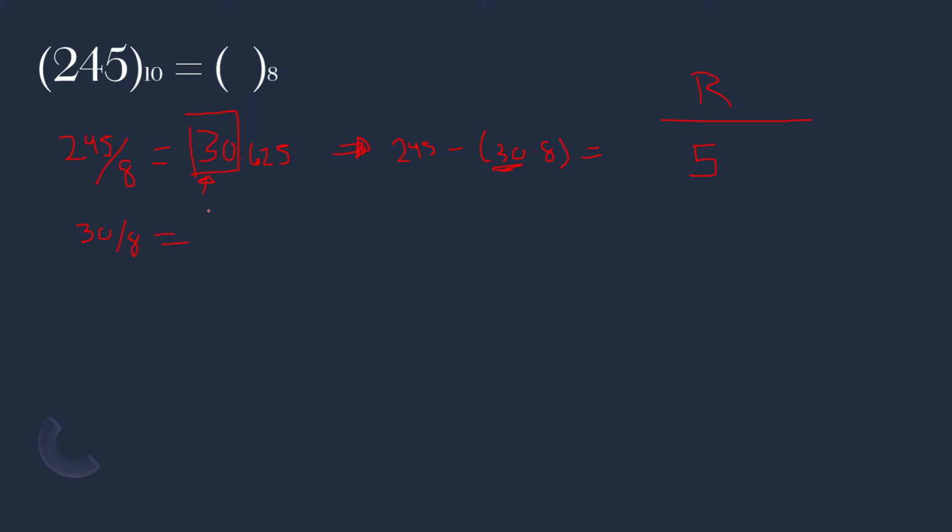I'm so sorry, I said 4, it's 3. 30 divided by 8 is 3.75, left with 3, and we're left with a remainder of 6. 3 divided by 8: 8 does not go into 3 at all, so the quotient is 0, but we still have this remaining value of 3. Read it upwards. 245 in base 10 equals 365 in base 8.